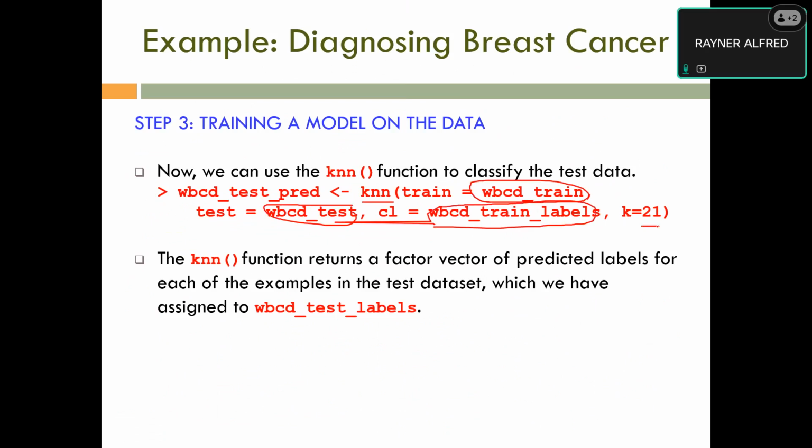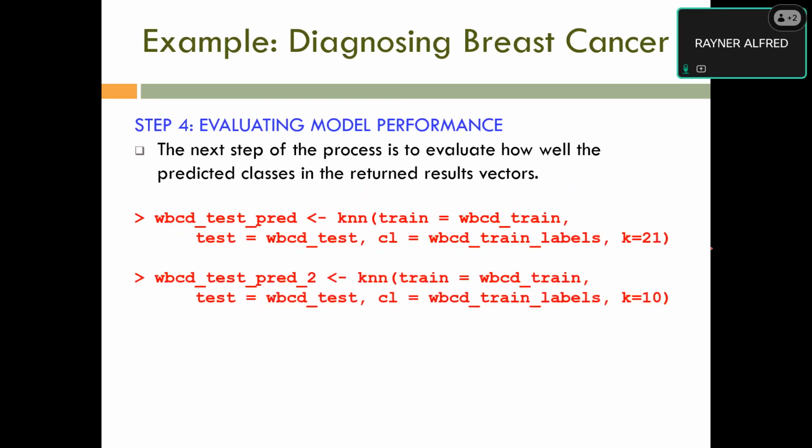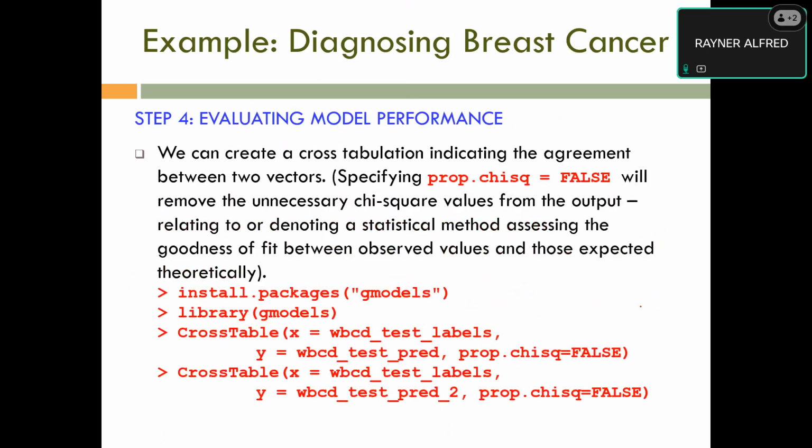This is how many times you go into the loop in order to find the best 21 nearest neighbors that we have. This one is just to look at the differences between using 21 nearest neighbors or 10 nearest neighbors. Of course we will have different accuracy, different level.